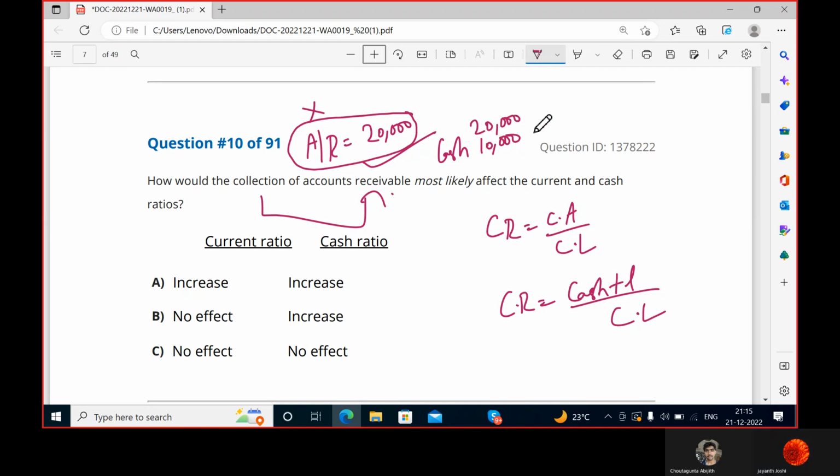Previously my current assets were 30,000; now still 30,000. Do you see any effect in this?